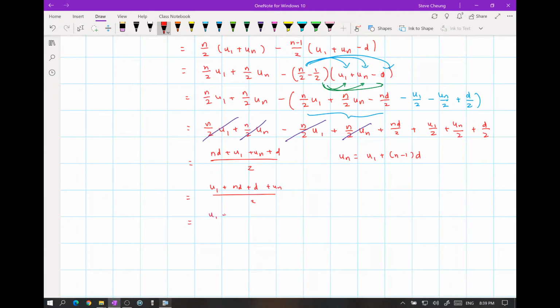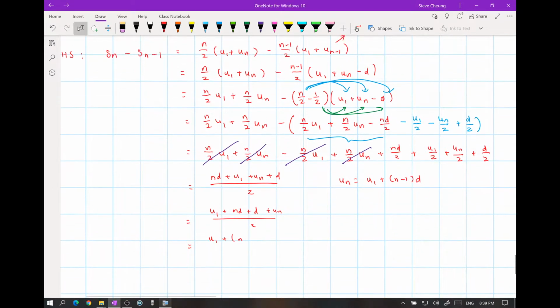Now if I factor out a d, my sign is wrong. This really should be a minus d. How come I have a plus d? Oh, because I forgot the minus here. This should be a minus d over 2. So this should be a minus, this should be a minus.